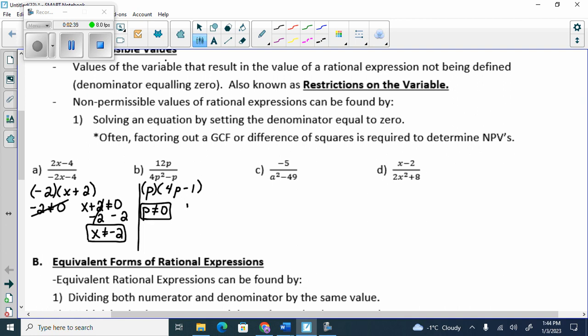And then this one, 4p minus 1 can't equal 0. Add the 1 over. 4p can't equal 1. Divide by 4. And p can't equal a quarter. So those are my 2 NPVs. And often, like I've said before, they're written together as p can't equal 0, comma, a quarter.